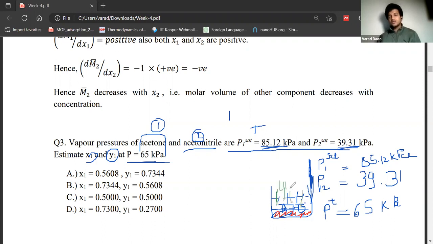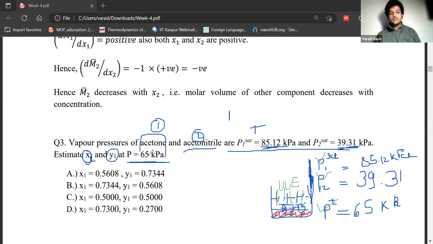So we have a vapor-liquid equilibrium with these conditions of saturation pressure and total pressure. We are asked to find x1 and y1, right? Once we know x1 and y1, we can automatically find x2, although that is not asked.